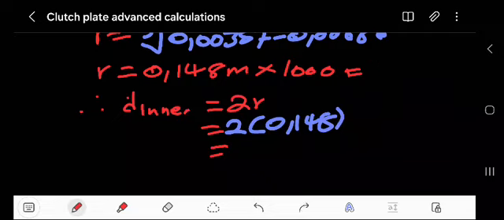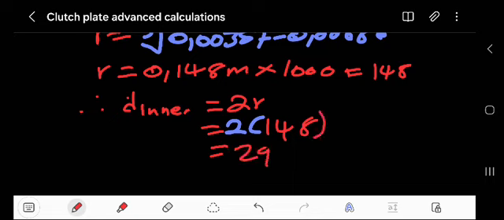If I multiply by 1000, our r will be 148 millimeter, and the diameter will be 296 millimeter. This is what it is, guys.